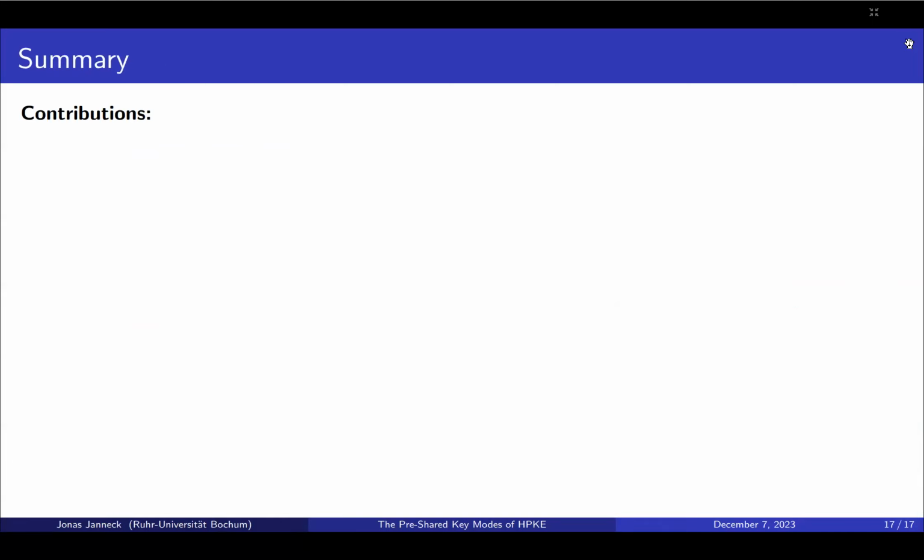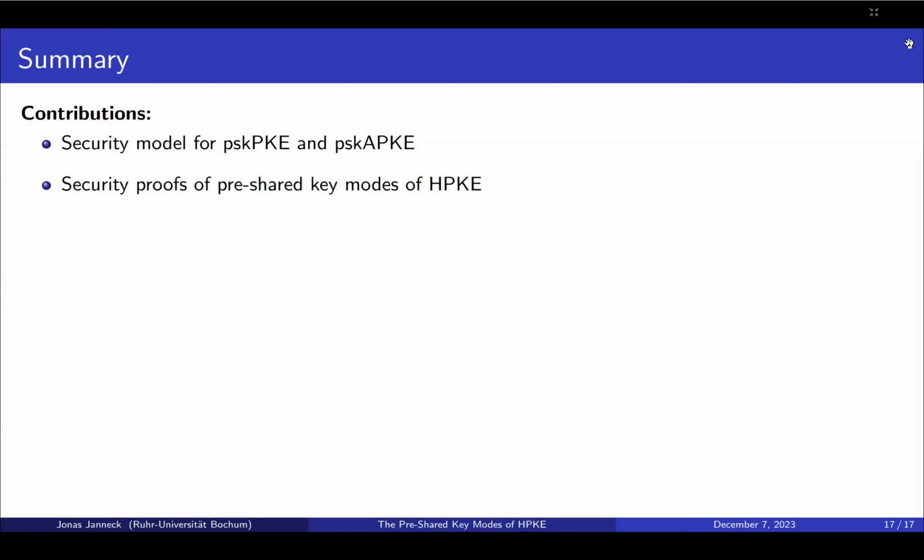Let me summarize our contribution. First of all, we model the security for these two primitives, these pre-shared key primitives, and prove the security of the pre-shared key modes of HPKE.